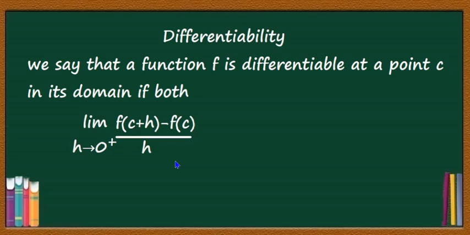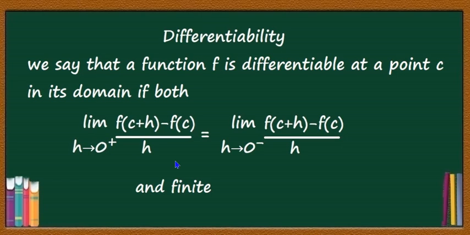And we say that the function f is differentiable at a point c in its domain if both limit h tends to 0 plus of f of c plus h minus f of c divided by h and limit h tends to 0 minus of f of c plus h minus f of c divided by h exist, and both of them are finite.